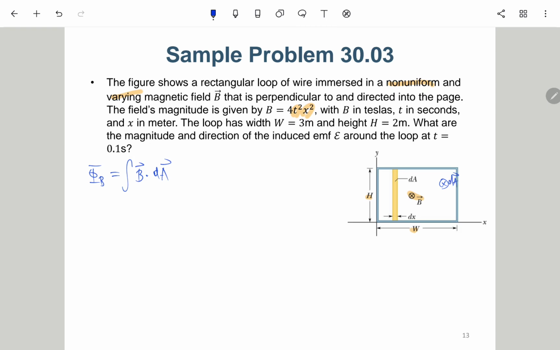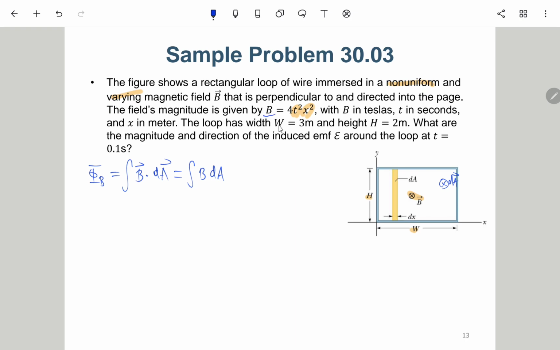So B and dA are parallel to each other and pointing in the same direction, so B dot dA is nothing but B times dA. Here, as much as this B is only related to x but not y, y is a constant for this B field.